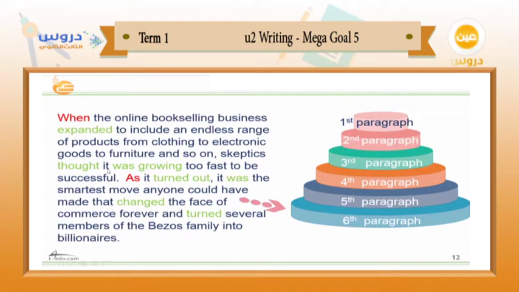Skeptics thought it was growing too fast to be successful. As it turned out, it was the smartest move anyone could have made, one that changed the face of commerce forever and turned several members of the Bezos family into billionaires.